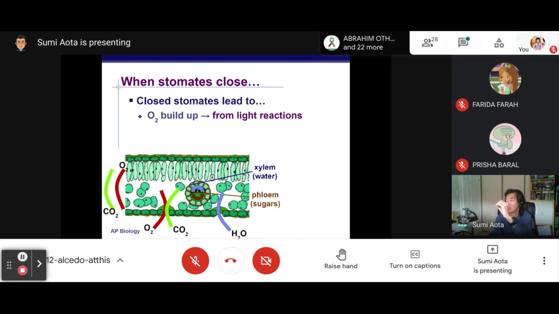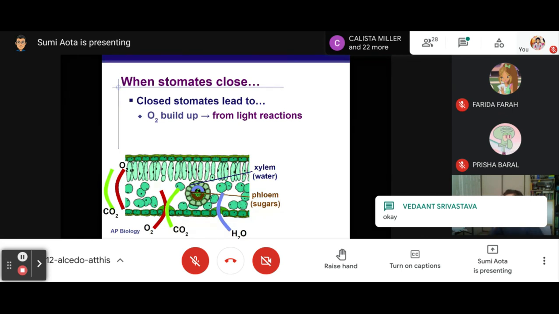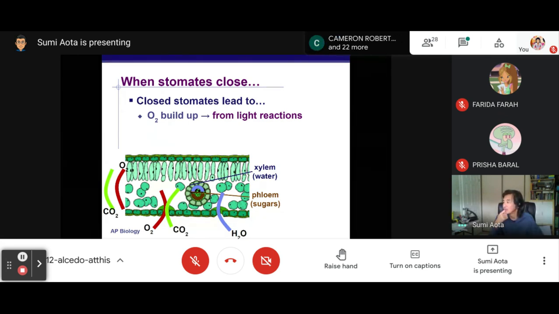Because it's just a pore. So if it's a hole, things are just going to go in and out. But the opening and closing of stomates is controlled by water content. The air holes are never specific.